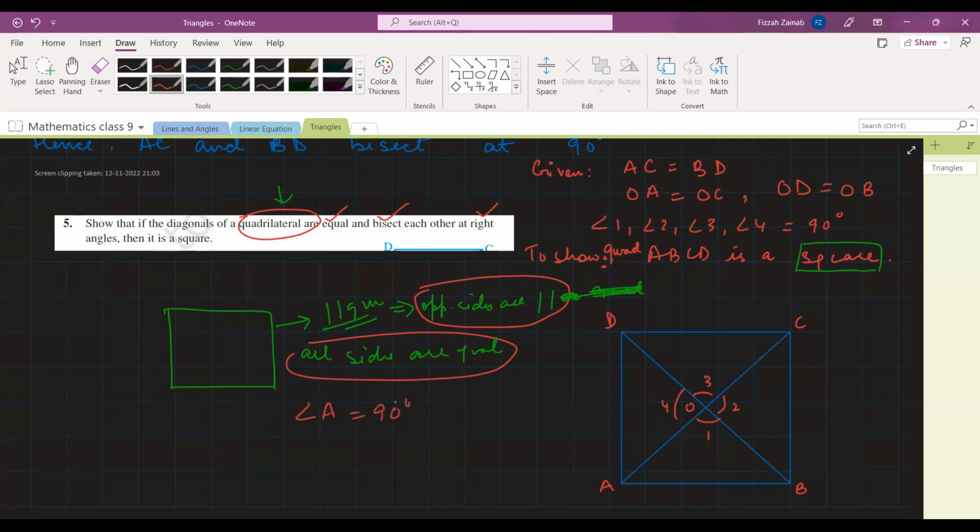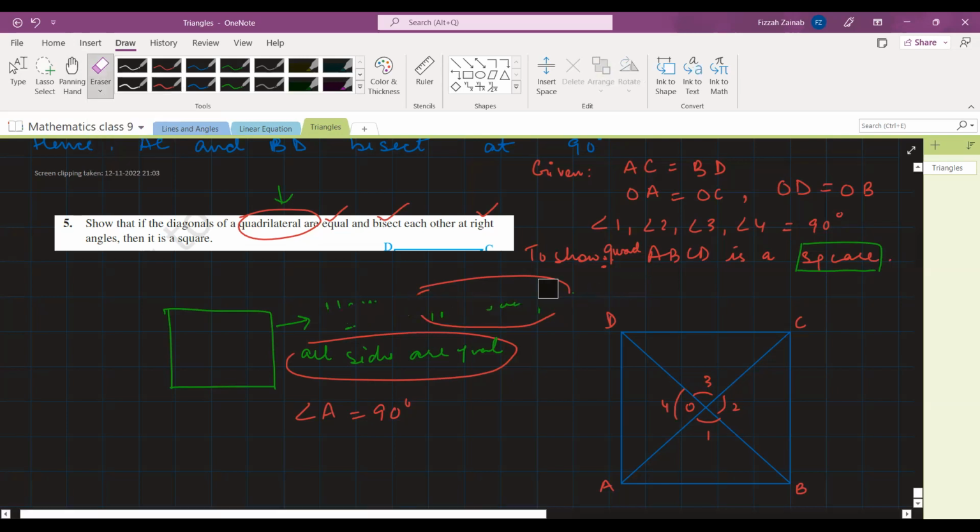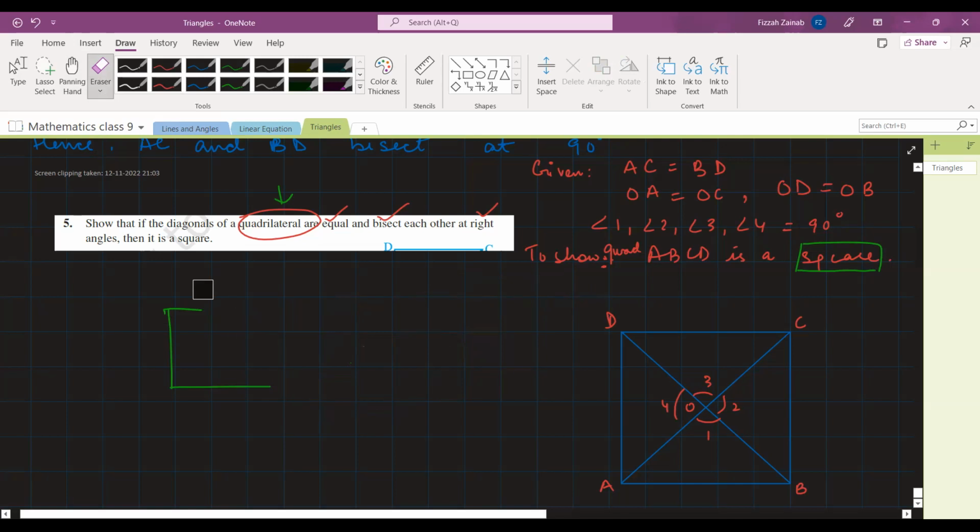That's the third thing you have to show. So please remember, to show a square you have to show three things: it's a parallelogram, all sides are equal, and one of the angles is 90 degrees.